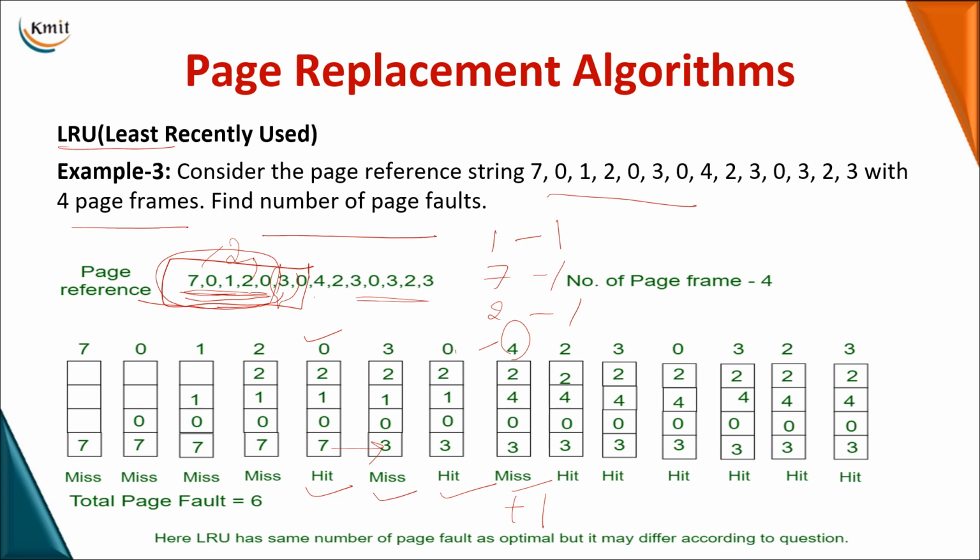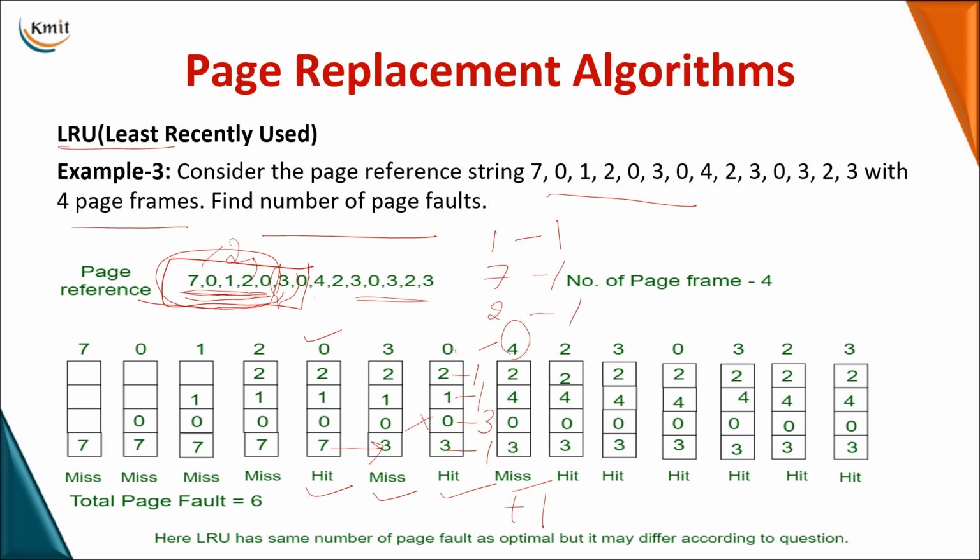So what are the values here? 0 is being used thrice, 3 is used only once, 1 is used only once, and 2 is used only once. So here 0 I will not count because it is used thrice. And out of these 3, all of them have been used only once.